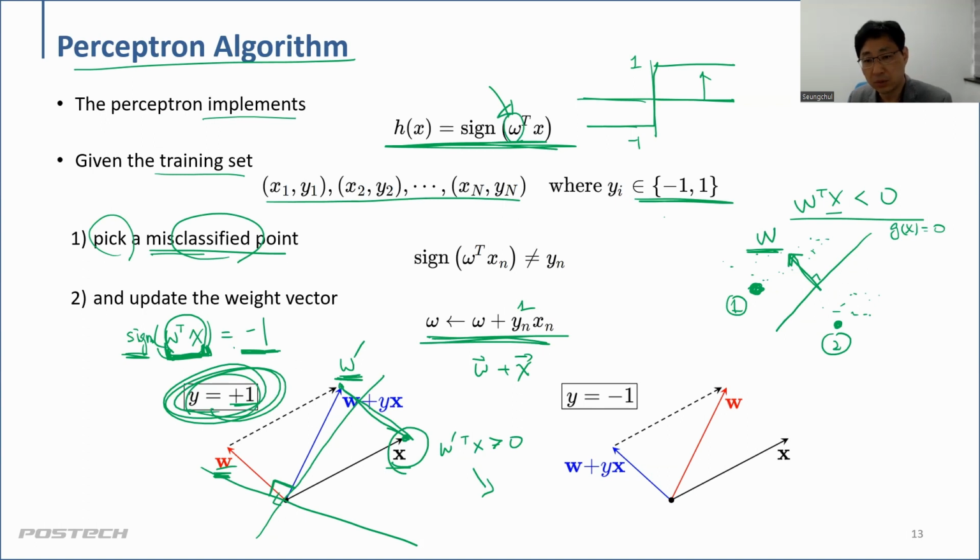You see what I'm doing? Starting from random omegas, for any misclassified data point, update it using this, and we can correct the omegas like that.